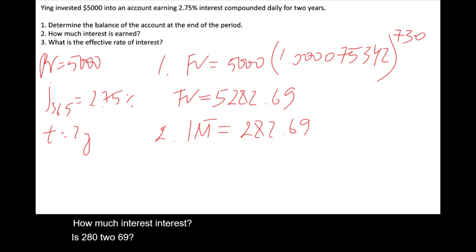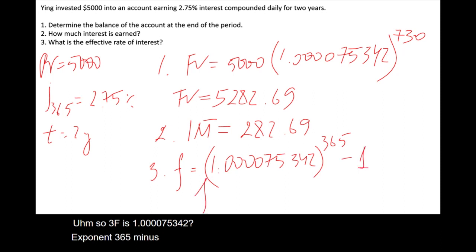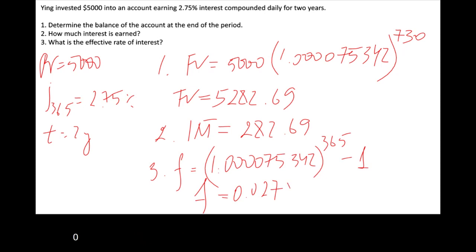Effective rate of interest, so f is 1.000075342, exponent 365, minus 1. So f is, let's calculate, 0.02788055.